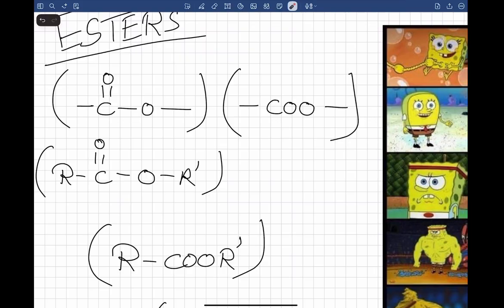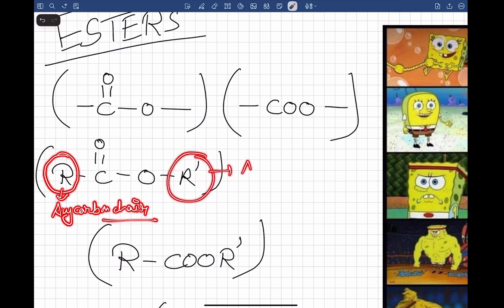Sometimes in some sources that you study from online, you might see a representation like this. Now some children get confused, what does this R mean? This R means any carbon chain. It could be 5 carbons, 6 carbons, 7 carbons. And this R dash means any different carbon chain.